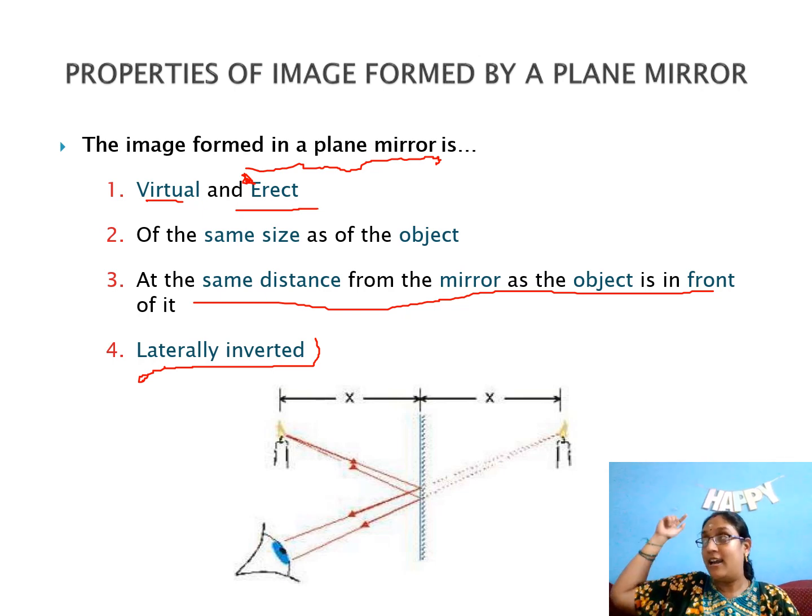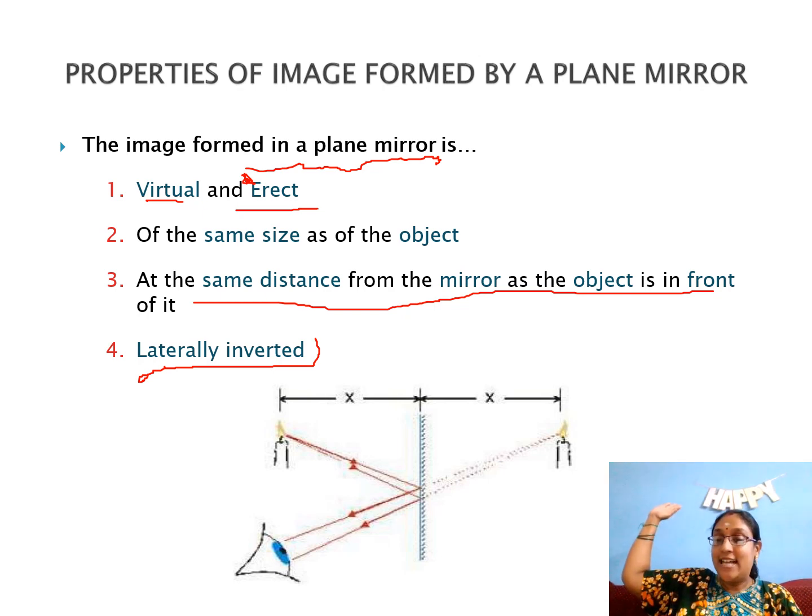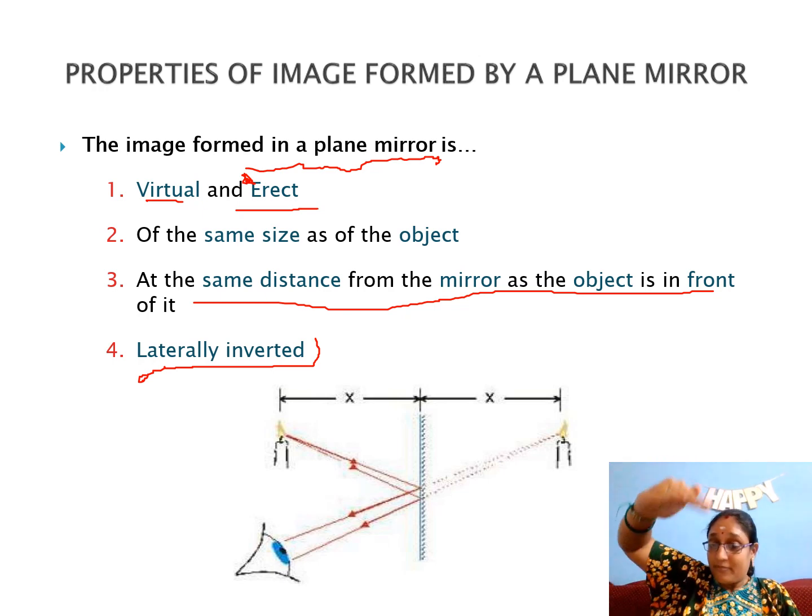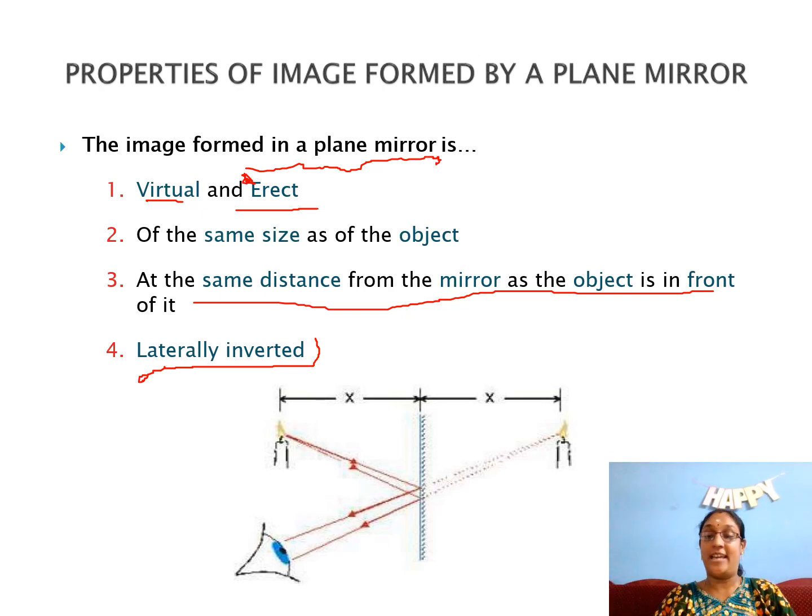When I bring a mirror in front of this 'happy', will the 'happy' be the same? I know you people will do a lot of experiments. When you keep this mirror in front of the 'happy', you will get the lateral inversion of that 'happy'. You cannot see the same 'happy'. That is what laterally inverted means.